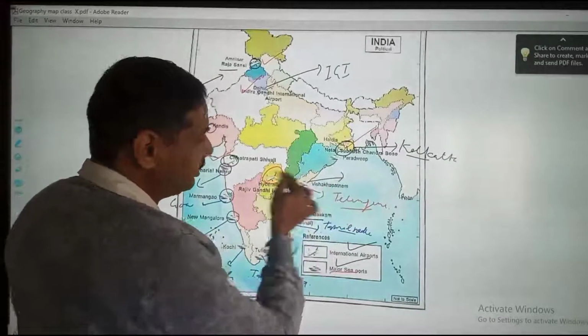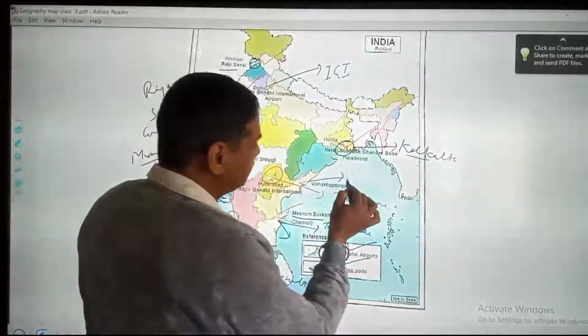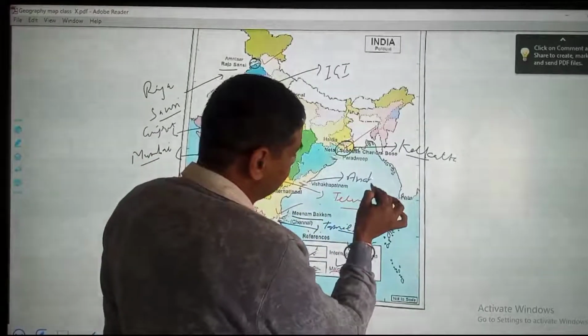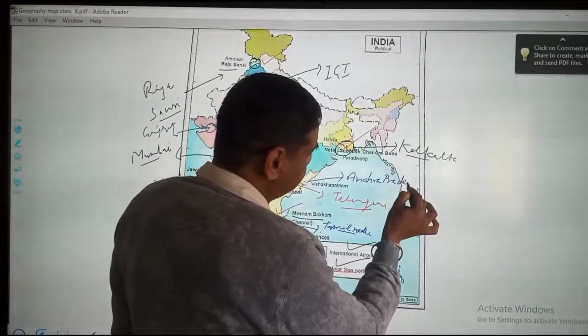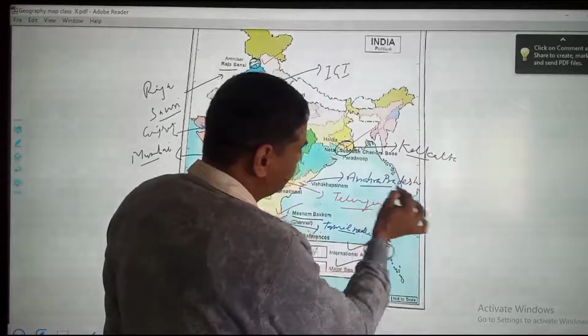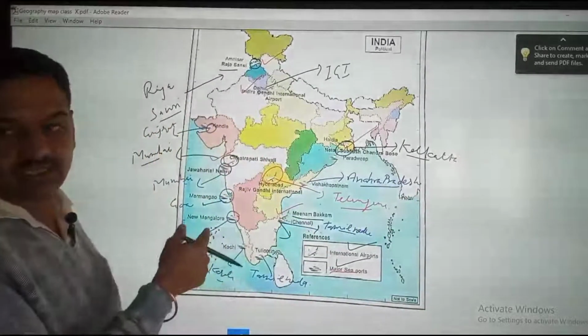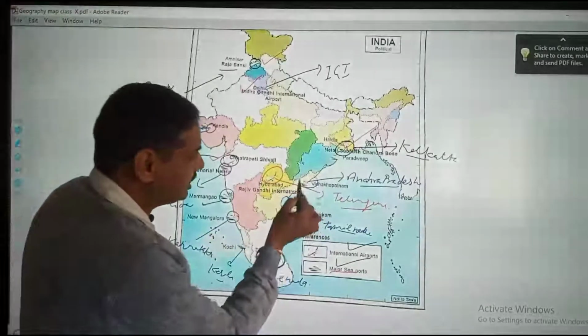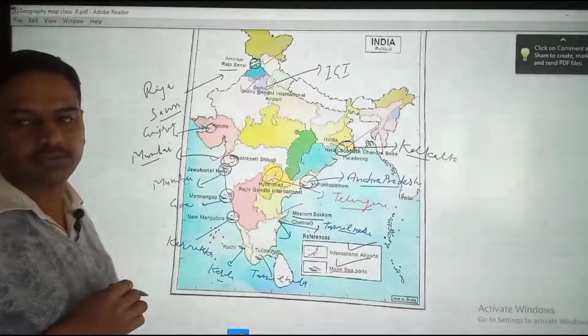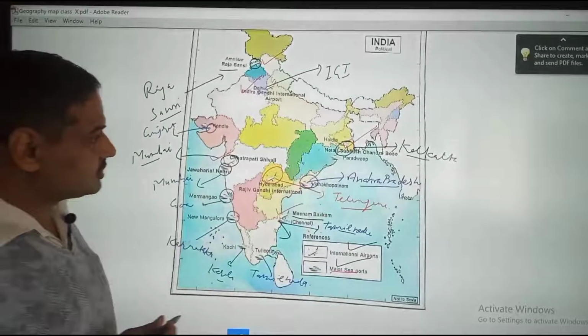Then the deepest landlocked port of India is Visakhapatnam in Andhra Pradesh, mainly famous for exporting iron ore to eastern countries like South Korea and Japan. This is Visakhapatnam port on the Bay of Bengal coast.